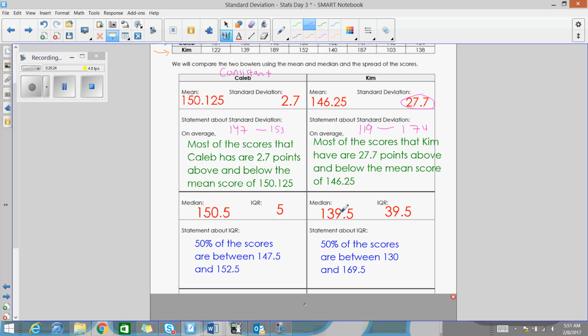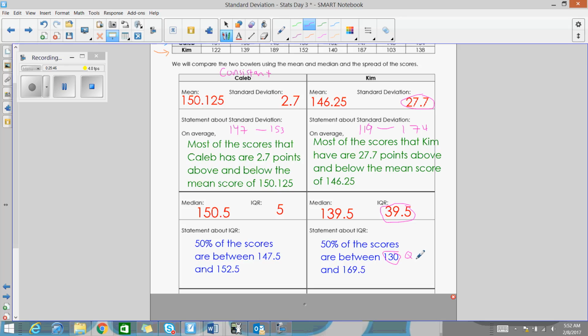And for Kim, look at how big this IQR is, 39.5. It means that the data is so spread out all over the place that 50% of the scores fall between 130 and 169. And I got these from the Q1 and the Q3.